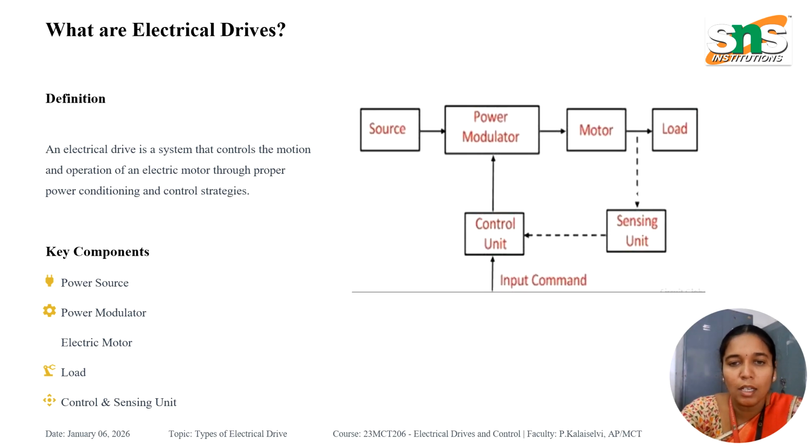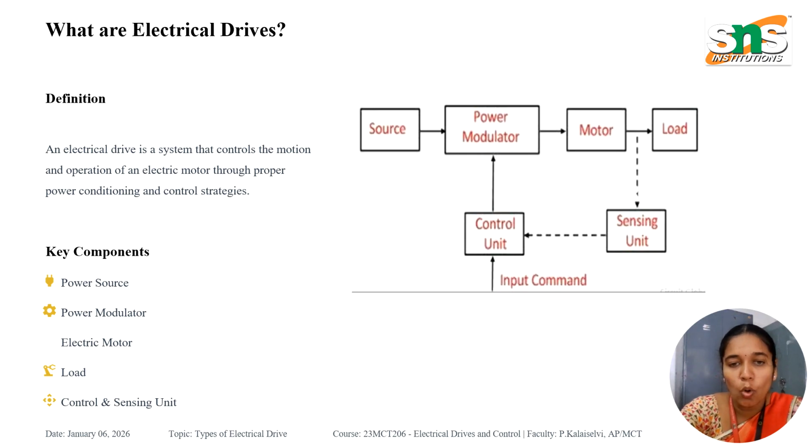The key components of any electrical drive system include the power source, power modulator, electrical motor, load, and control and sensing unit. The power source is where the energy comes from. The power modulator is a power electronic converter that controls voltage, current or frequency. The electric motor converts electrical energy into mechanical motion.